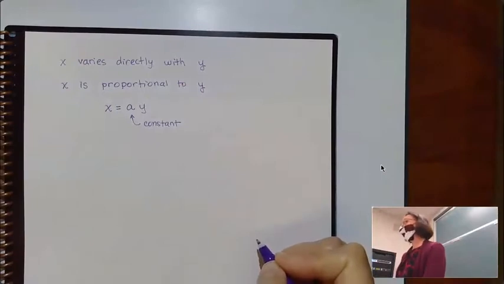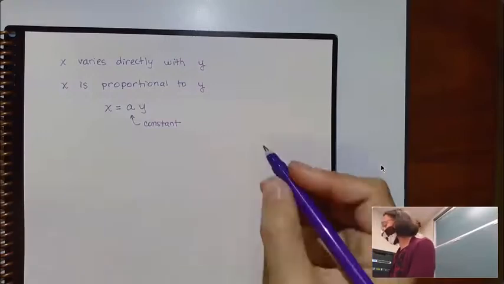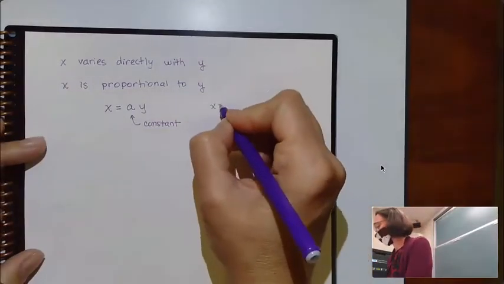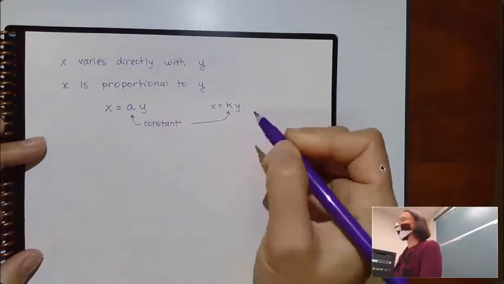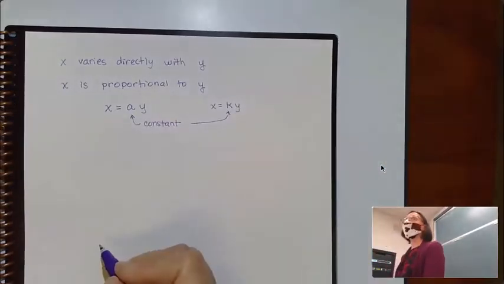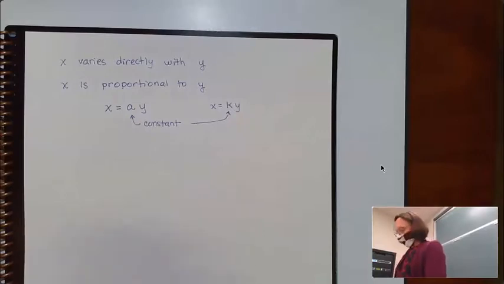Now I've chosen a constant of A. The truth is that the more common constant is to write the letter K. But you can, in fact, write any letter you want. Let's see what that looks like in the context of a problem.